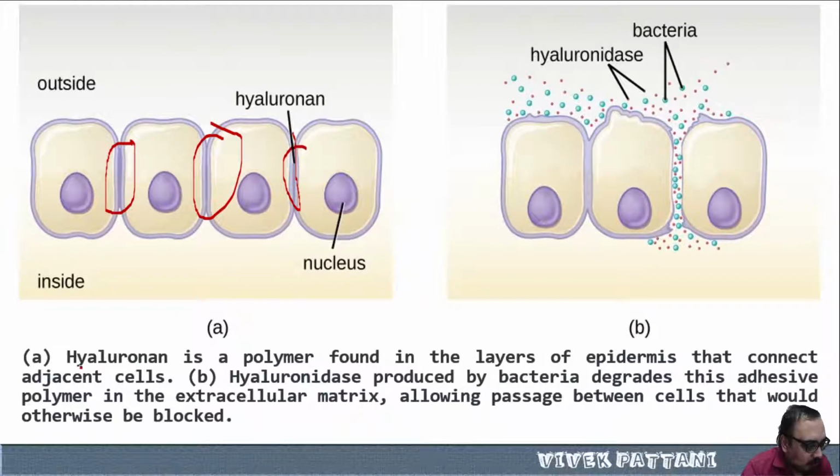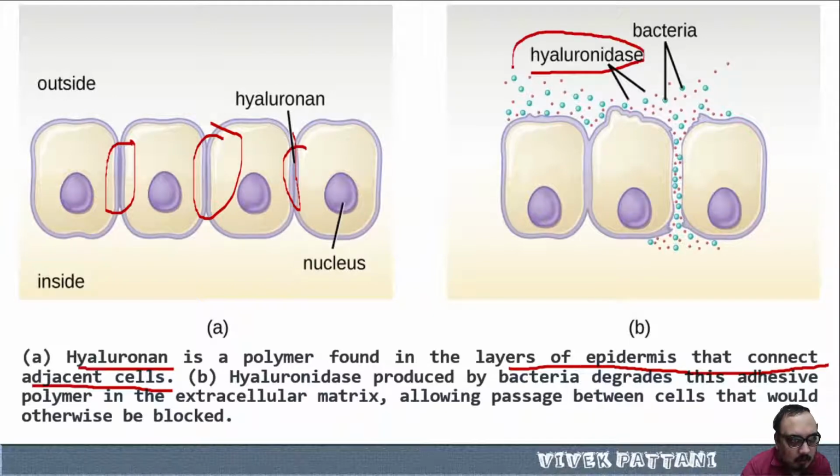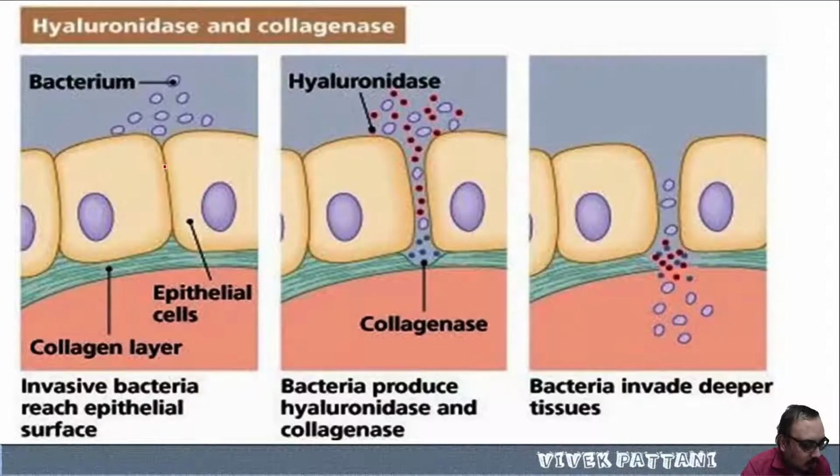Hyaluronic acid is basically a polymer found in layers of the epidermis that connects the adjacent cells. The enzyme hyaluronidase breaks this layer, which connects two cells.